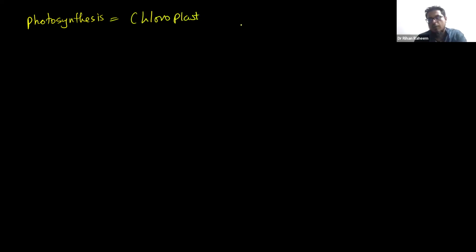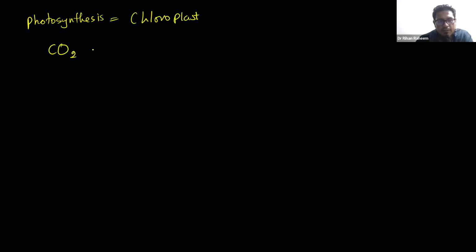Okay, so now I told you I'll talk about photosynthesis and cellular respiration. Remember, photosynthesis happens inside the plants. Inside the cell of the plant, there is a small organelle called chloroplast. Inside the chloroplast, it's like a small factory. Inside this chloroplast only all this photosynthesis is happening. So in photosynthesis, what happens?